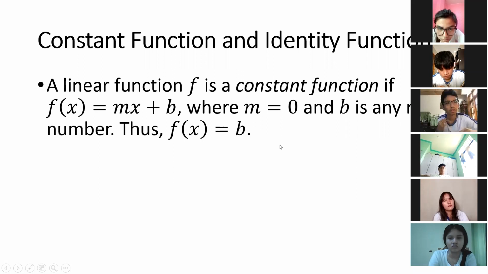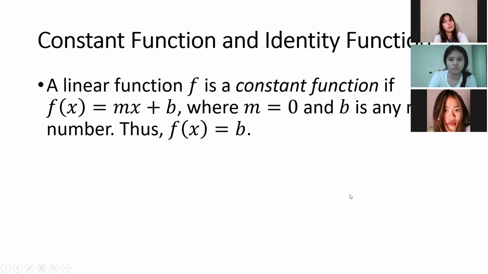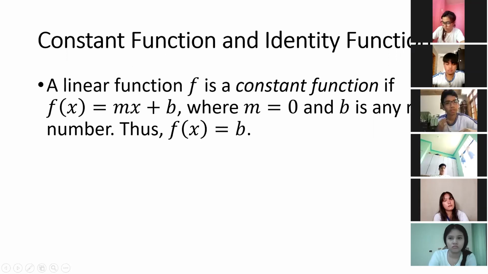Question: if it is a constant function and the slope is 0, what do you think is the figure of your line? How do you draw that line? If the slope is 0, there are only two options: vertical or horizontal.